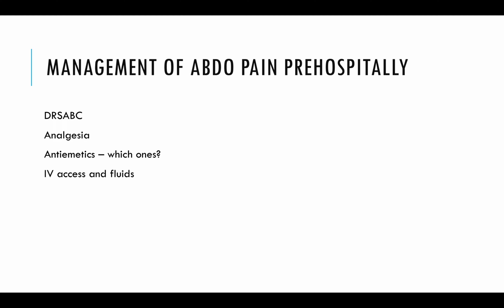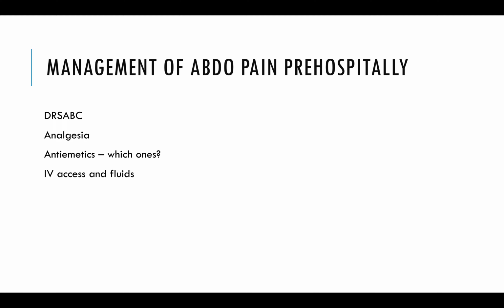Now, IV access and fluids. If you think the patient is unwell enough and they need IV analgesia, access is always really good. It means you've got a place to start if things get worse. And fluids: you need to fluid resuscitate, but we still like to think of minimal fluid volume resuscitation as an important point.